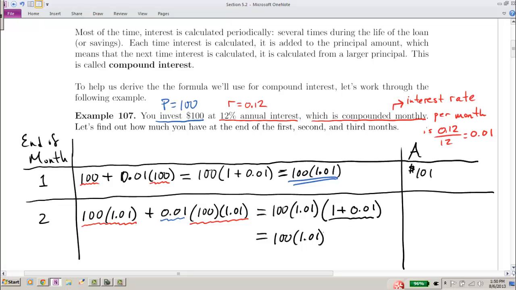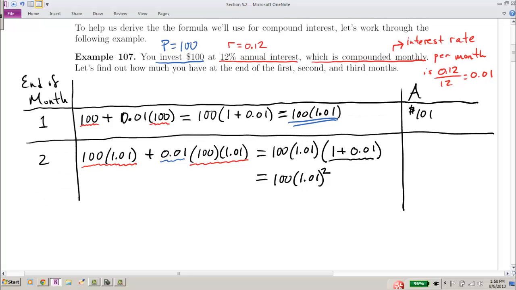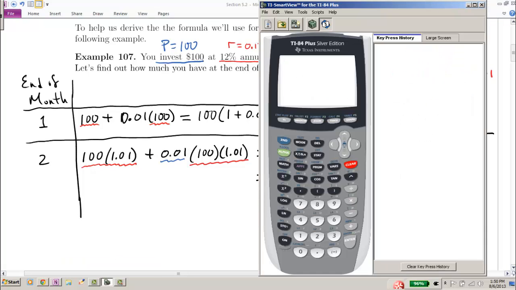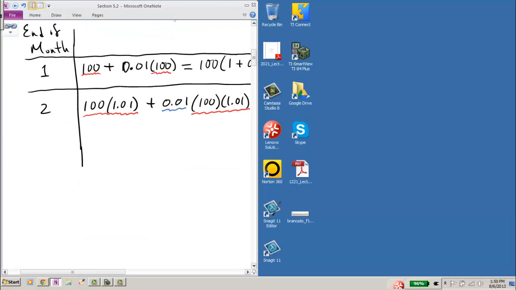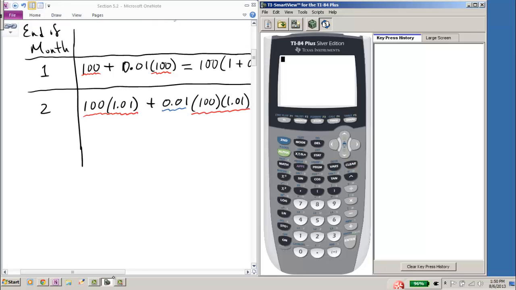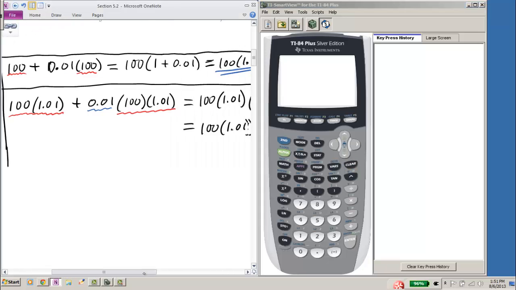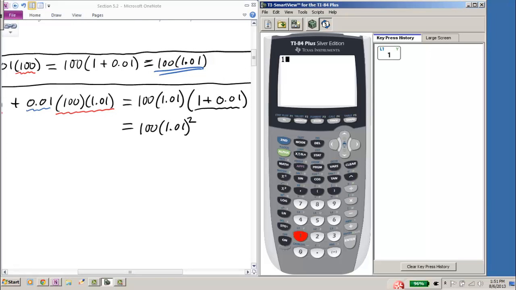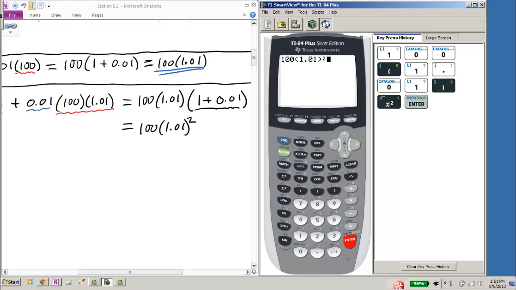So we have two factors of 1.01, which I'm going to write as 1.01 squared. And we can get the actual dollar amount, which is $102.01.